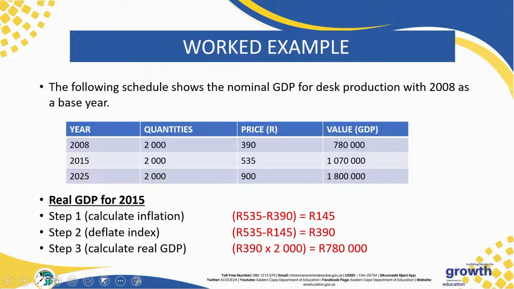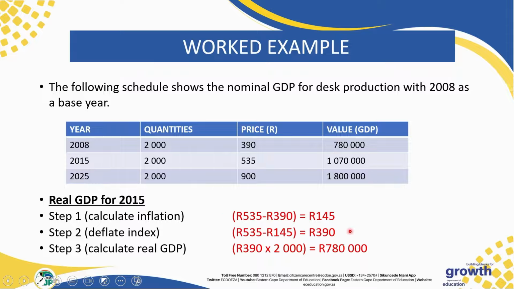Then we use that particular 390 multiplied by the quantities that were produced in 2015, which is 2000 as well. So we are getting the 780,000. So this 780,000 is actually lesser than 1,070,000. Why is it lesser?